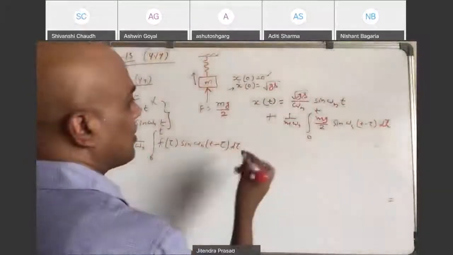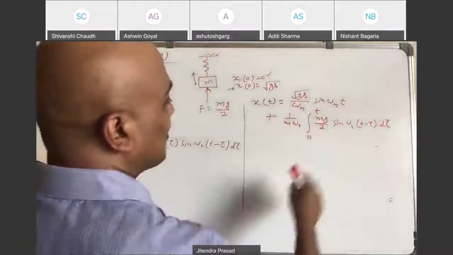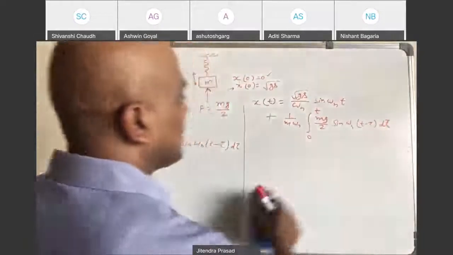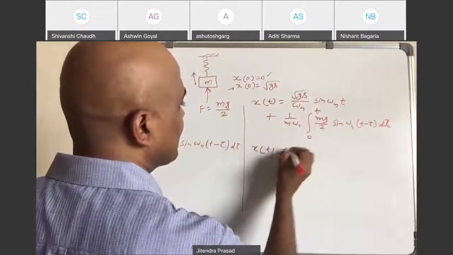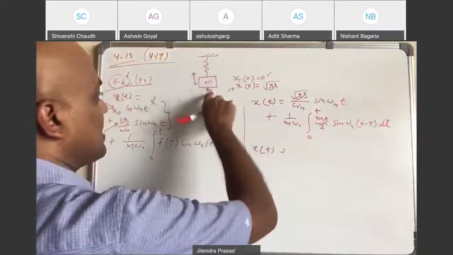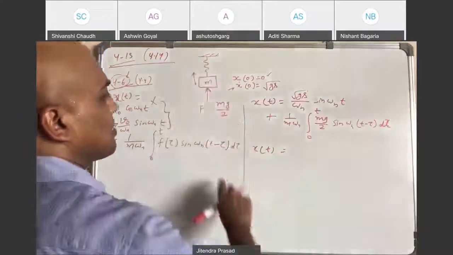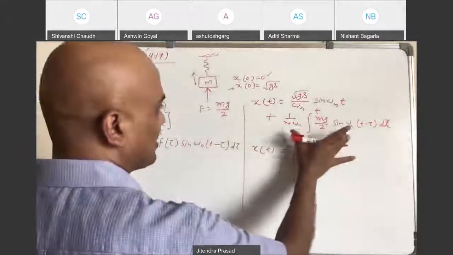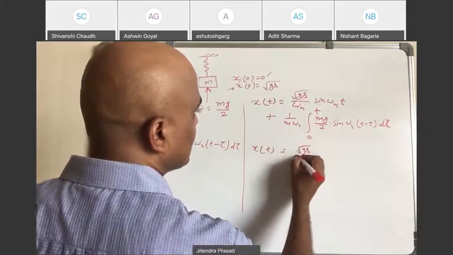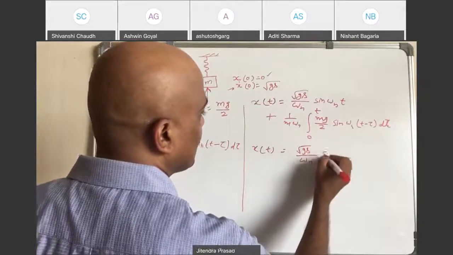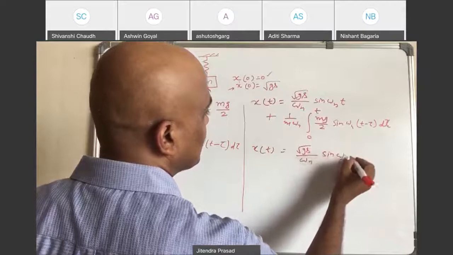Okay. So if you solve further, what do you get? This is nothing but x(t). This also we have done. We have applied a step input to this system and found our solution. So x(t) will be root gs over omega n sine omega n t.